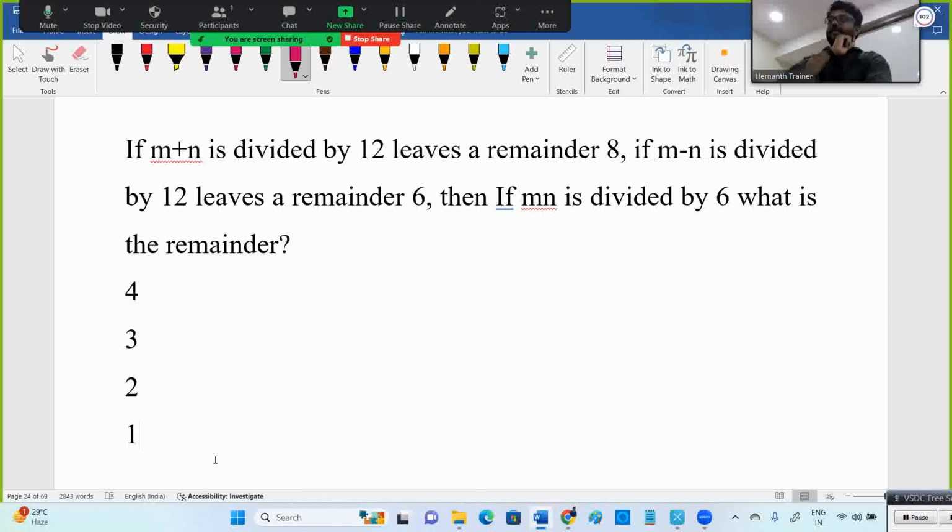Then what is the remainder? There may be ambiguity: is mn a two-digit number or m into n? It's m into n, m multiplied by n. This is the multiplication symbol. Then what is the remainder?